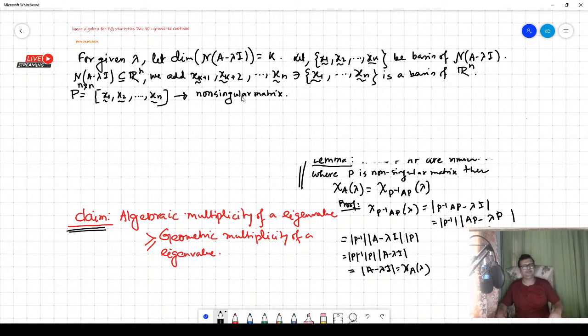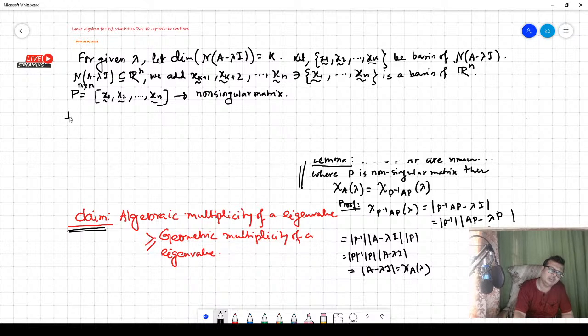Okay. Now, since it is non-singular, the inverse of P exists.